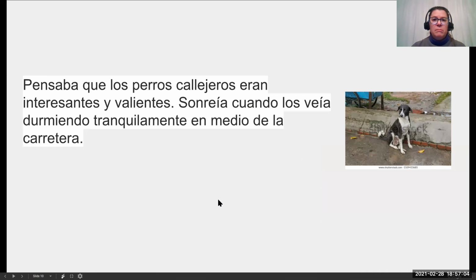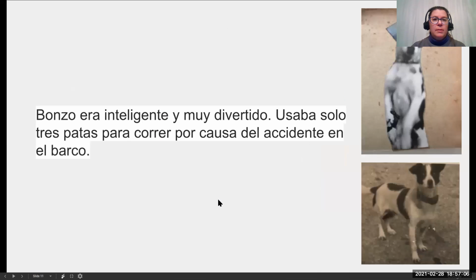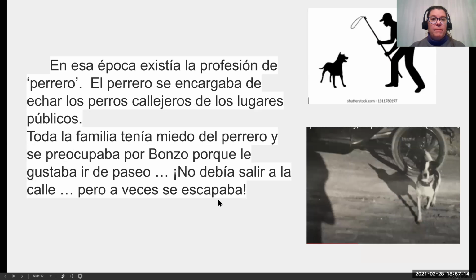Tranquilamente, medio, inteligente, usaba, accidente, existía, profesión, públicos, familia, escapaba.